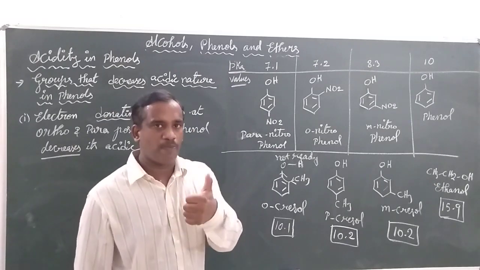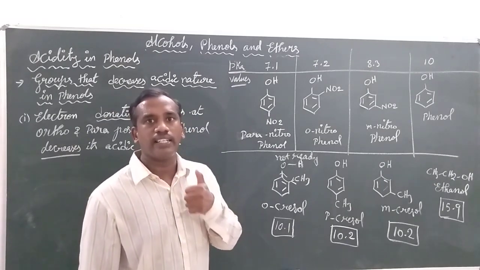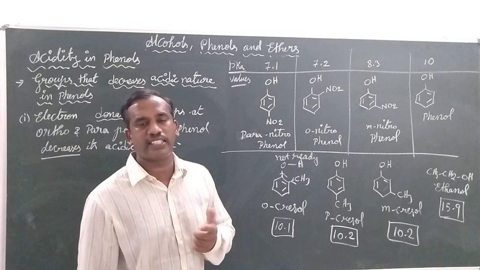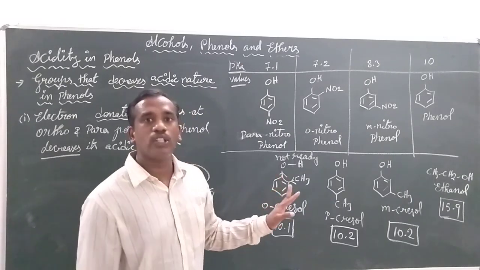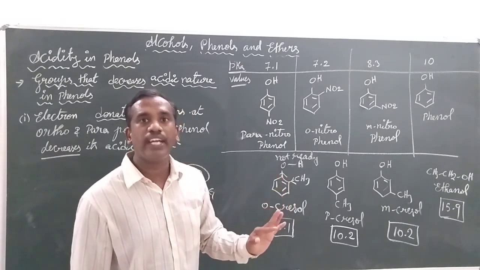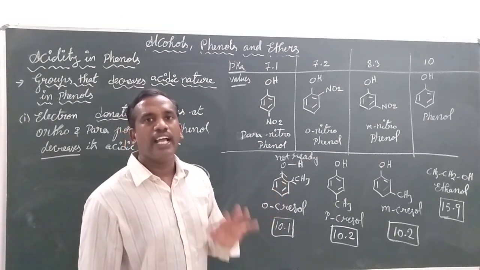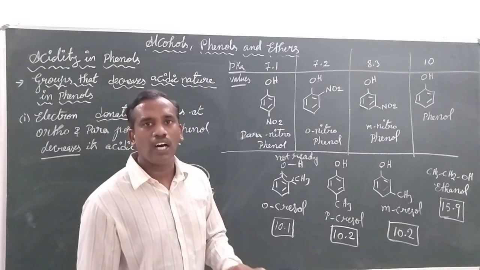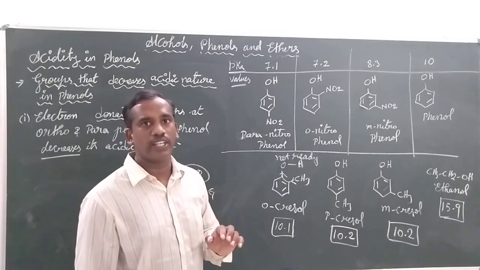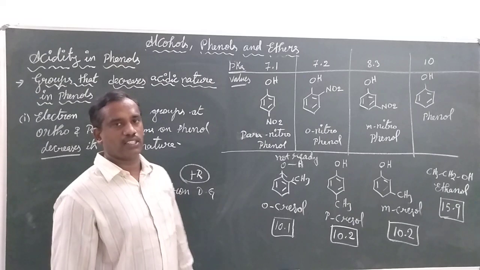Ethanol does not have any sp2 hybridized carbon and does not involve in resonance. So its pKa value is very high, 15.9. So we say phenols are more acidic than alcohols.